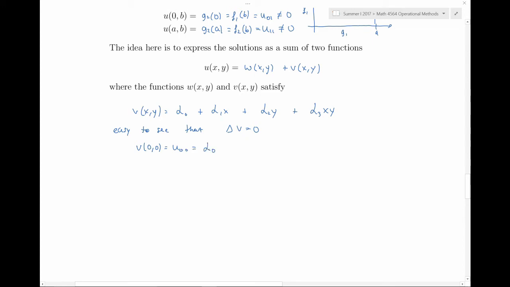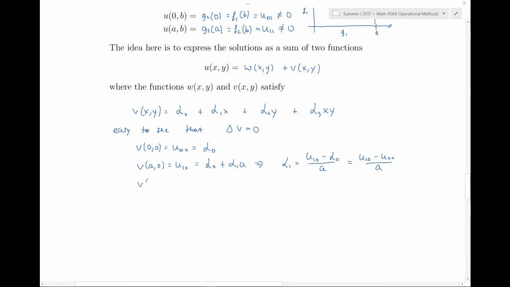So alpha naught is an easy coefficient to find. v of a, 0 should be something that I denote u10, and that should be, according to this equation, with x equals a, alpha naught plus alpha 1 a. Therefore, alpha 1 can be found as u10 minus alpha naught over a.